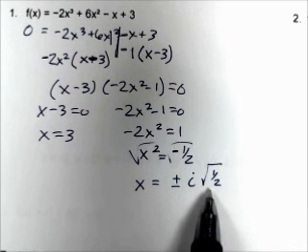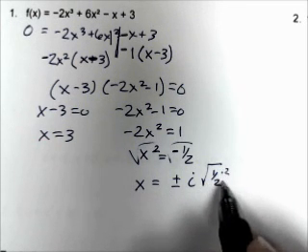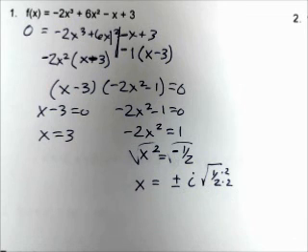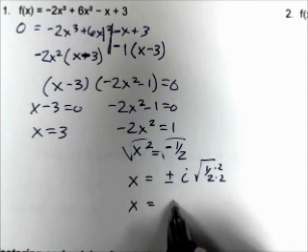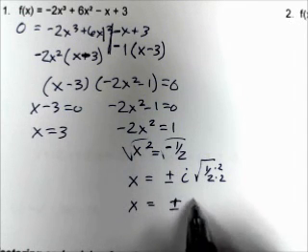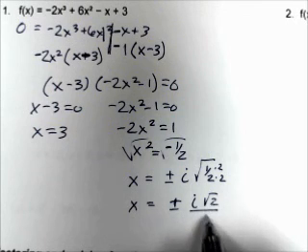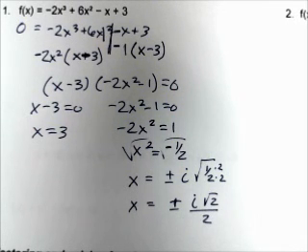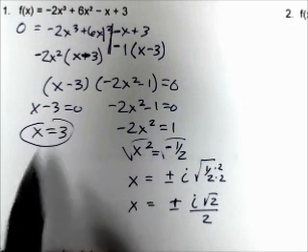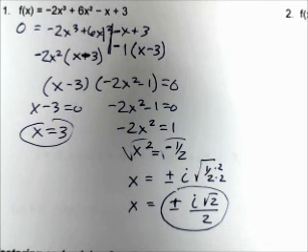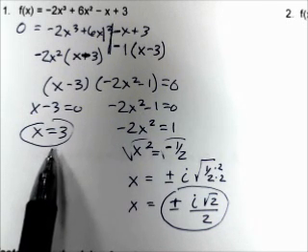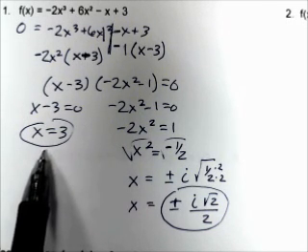We need to rationalize that denominator, so let's bring that up to a 4 by multiplying by 1 in the form of 2 over 2. And we have x equals plus or minus i square root of 2 over 2. So we here have our one real root and now two imaginary. If we were to check the solution graphically, we would see that our graph crosses the x-axis at just 1 point.